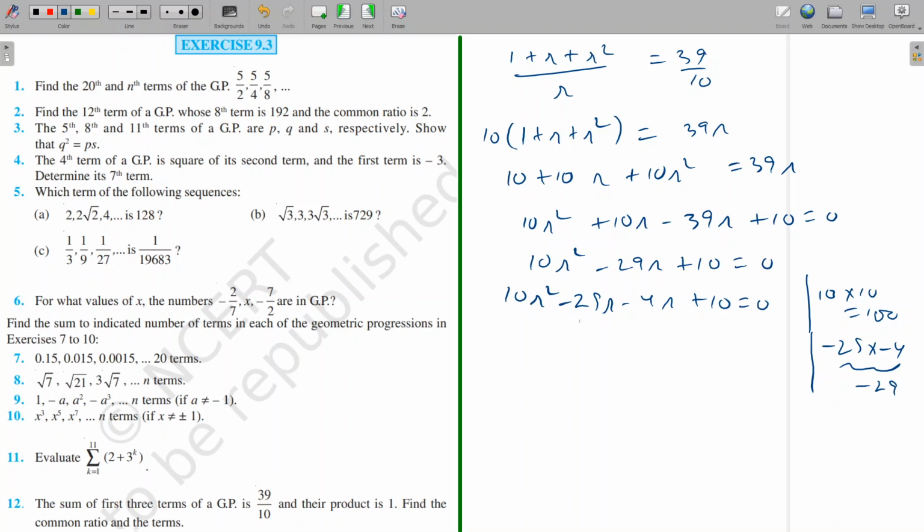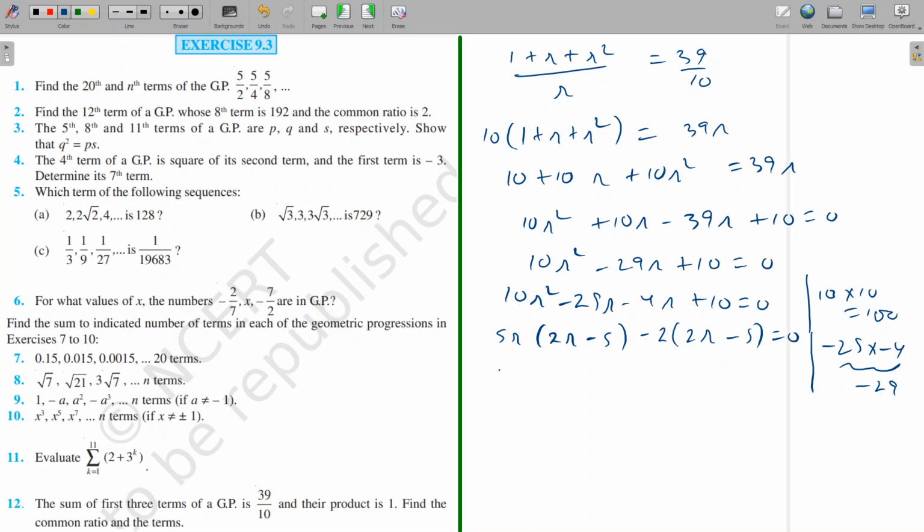Now from the first two terms we can take out 5R common. When we take 5R common, what will remain is 2R from the first term and minus 5 from the second term. From the third and fourth terms we can take out minus 2 common. So what will remain here is 2R minus 5, and that is equal to 0.